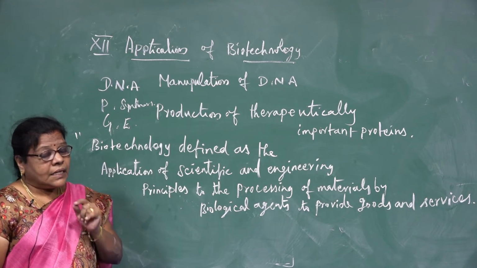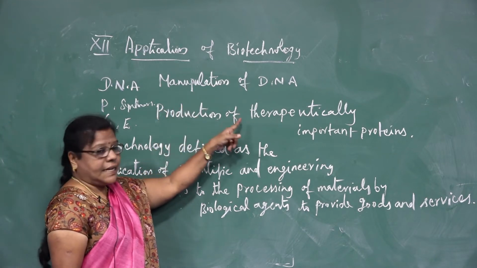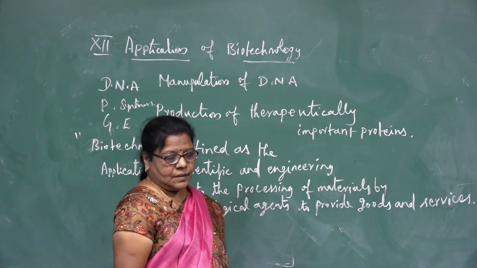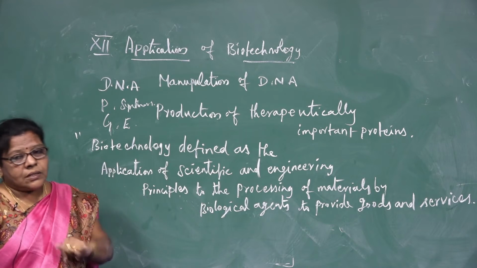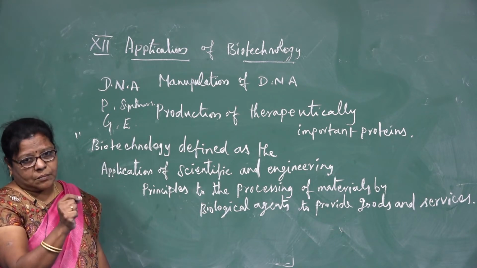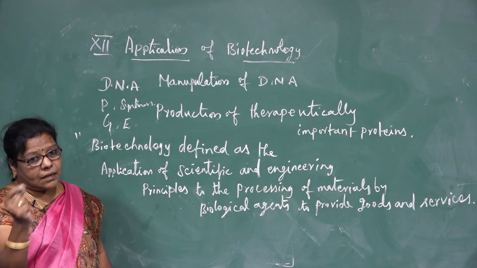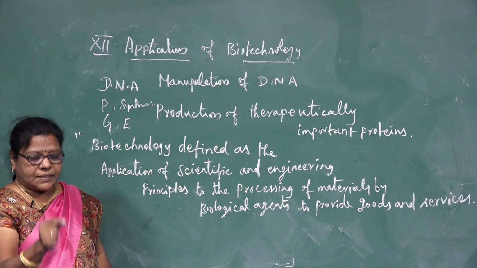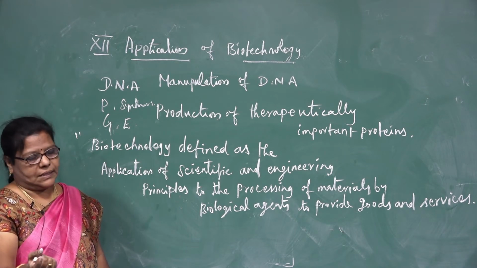Genetic engineering involves the manipulation of DNA and the production of therapeutically important proteins. It also involves the extraction of the gene from one organism and transfer to another organism. That means transfer to the DNA of another organism of the same species or different species.